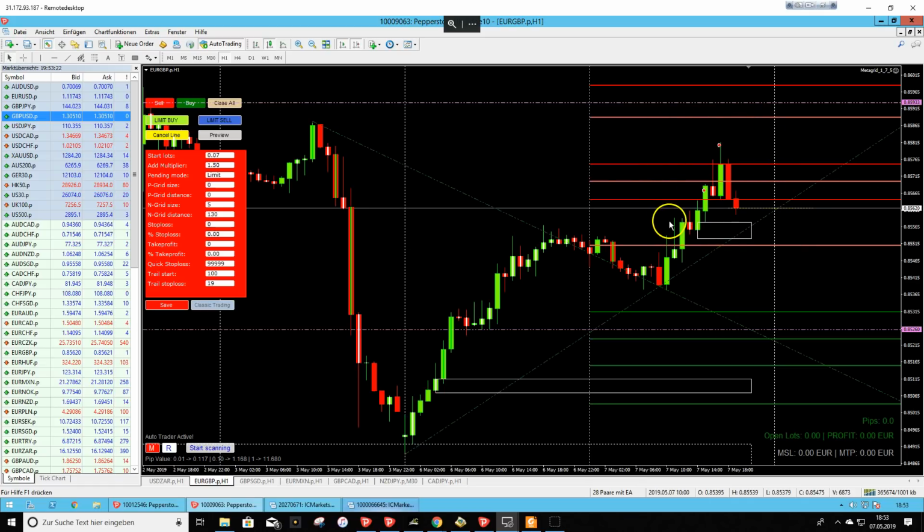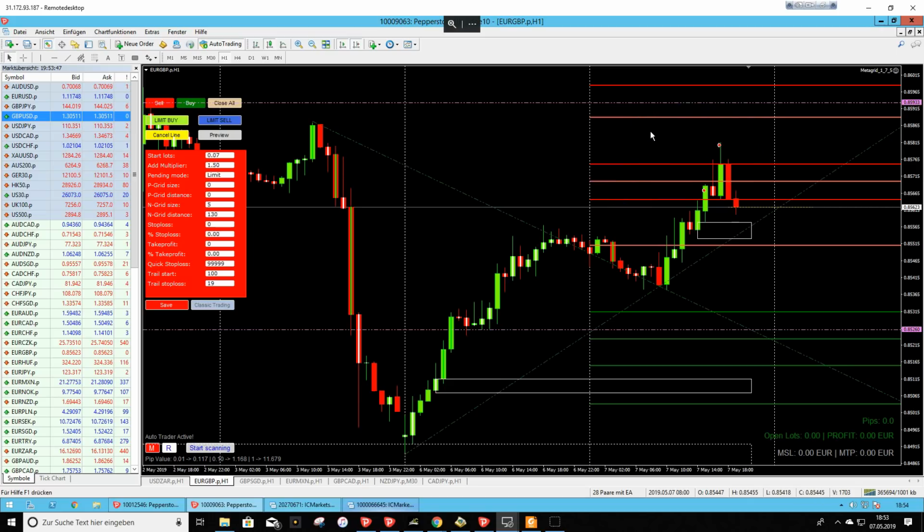And if you did not use Metagrid, of course, you could say I wait for price action and sit in front of your computer, and you saw that price here begins to go down. Then you could have jumped in here in a sell trade, for example, or after you saw that price is going down again on this H1 supply zone, you could have jumped in manually if you do not use the AutoTrader from Metagrid.